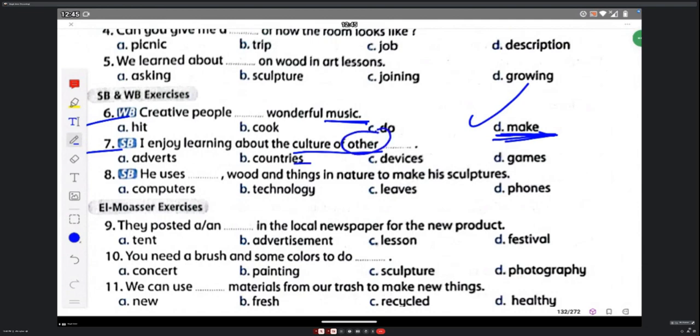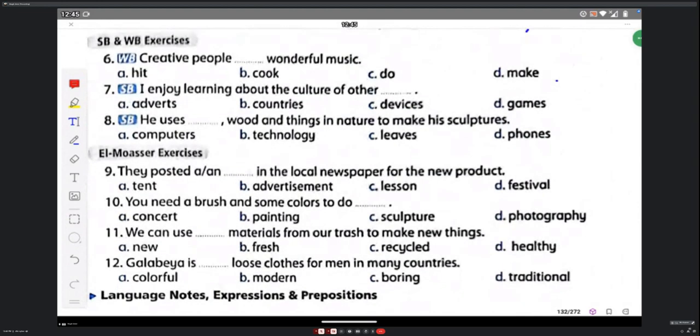Other is followed by a plural noun if it is countable. If it is not a countable noun, it's okay to use singular. Number eight, he uses leaves, wood, and things in nature to make his sculptures.